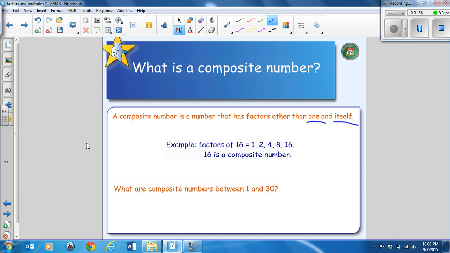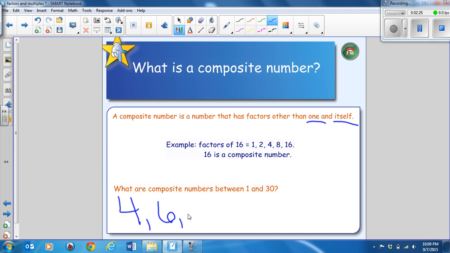Okay, thank you. I hope that you have written those down under your example. So let's go over them. 1 times 1, so we know it's not 1. 2 was prime, so we know 2 isn't. 3 was prime, so 4. 4 would be considered composite because 1 times 4 and 2 times 2, so 4. Okay, 5 is prime, 6.